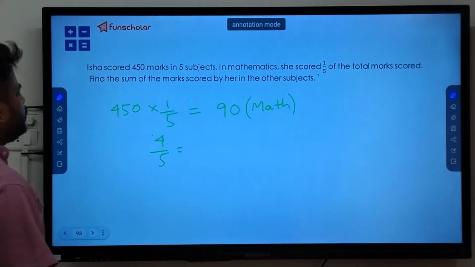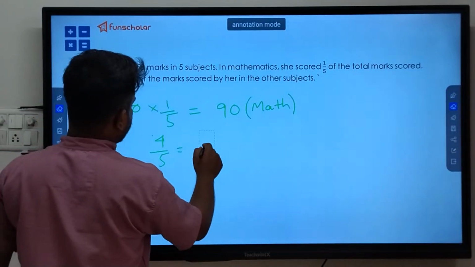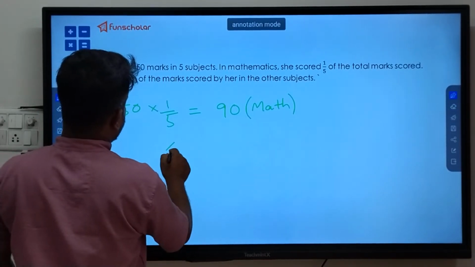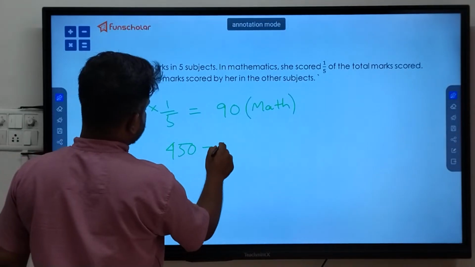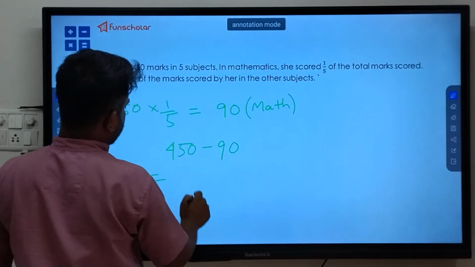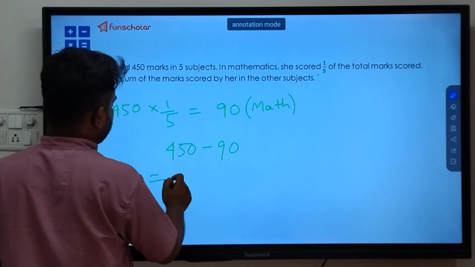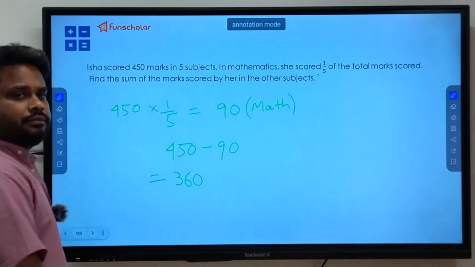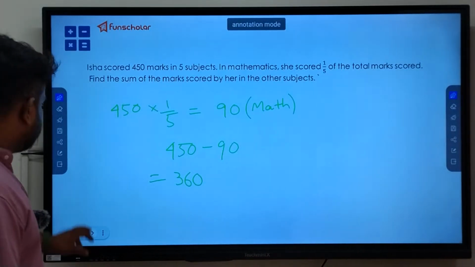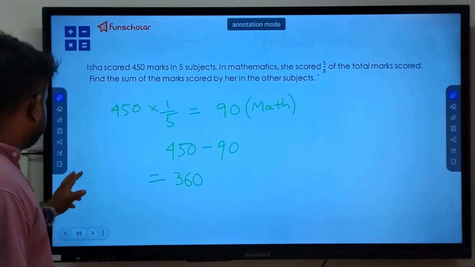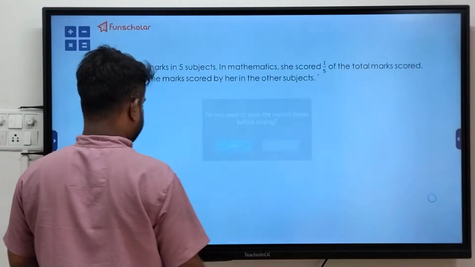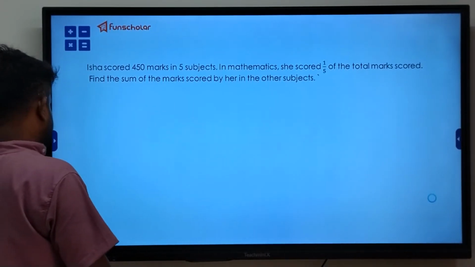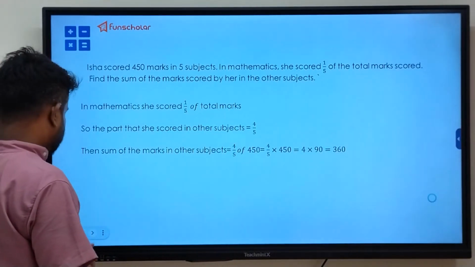And so the rest of the marks will be 450 minus 90, and it will be 360. Okay, so this one will be the answer. The next one, yes, 360 is the answer.